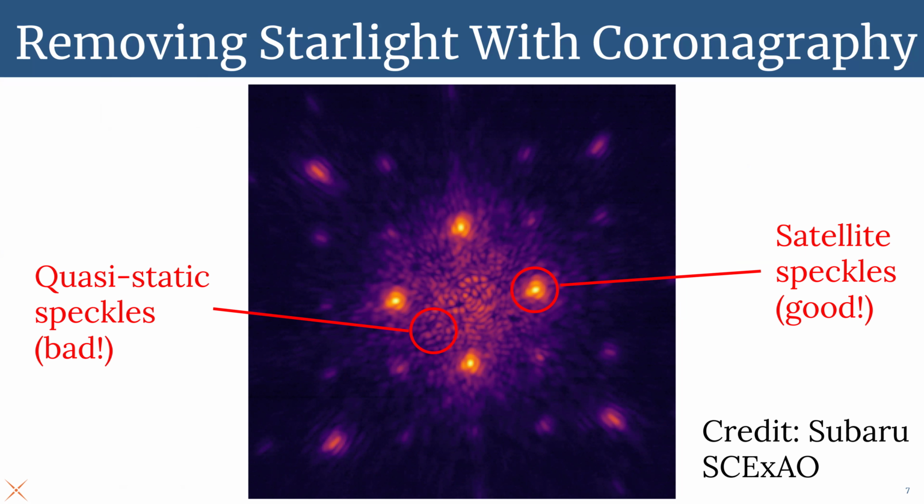And then these bright speckles on the image are ones that are applied by the DM for position measurements. But these quasi-static speckles are really what's limiting us in achieving higher contrasts. And so we need a way of getting rid of them.